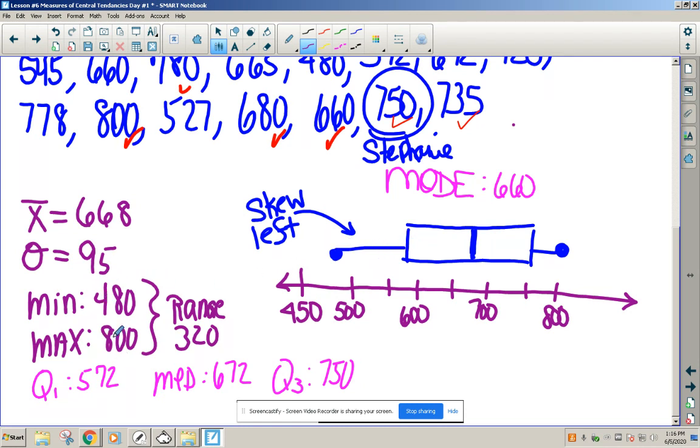So the overall range is the smallest to the largest, and sometimes they want what we call the interquartile range, which would be how big is this in here on the box? How is the work clustered together? So if you said 750 minus 572, you would have 178, and so you have an overall range of 320, but you have an interquartile range of 178.